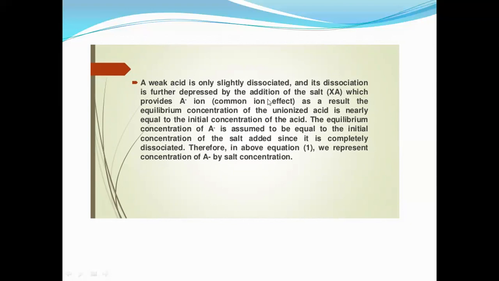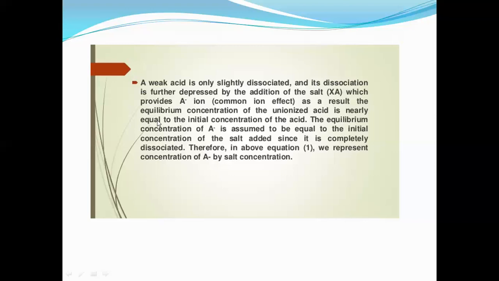It is the common ion effect. Common ion effect यह होता है कि एक प्रोडक्ट या एक सॉल्ट एक ion प्रोवाइड करता है और कोई दूसरा सॉल्ट या प्रोडक्ट भी वही आयन प्रोड्यूस करें तो ये आयन दोनों में कॉमन होगा. So that is the common ion effect.